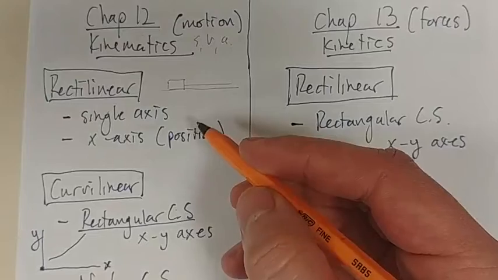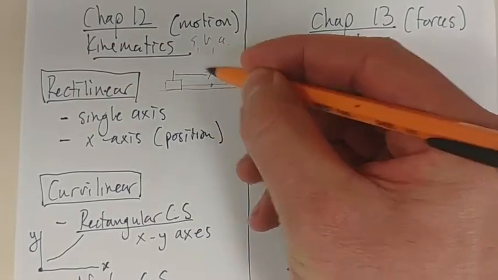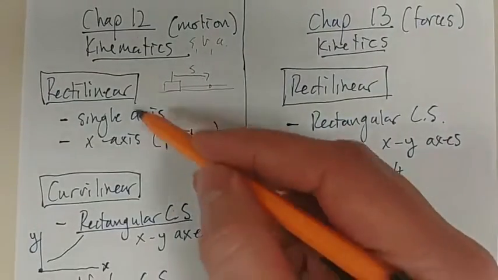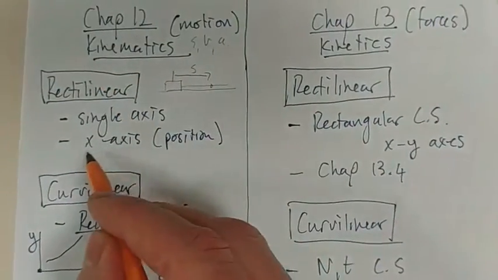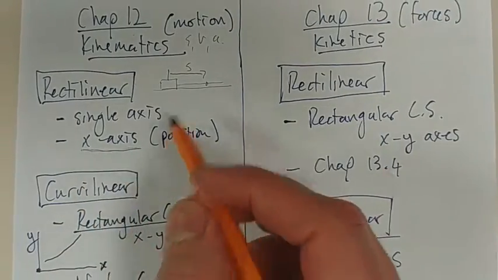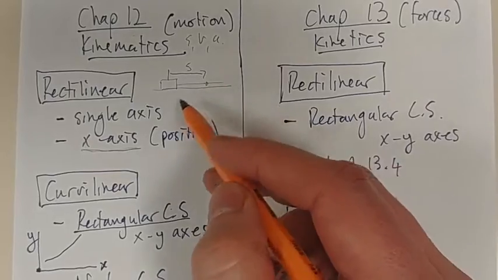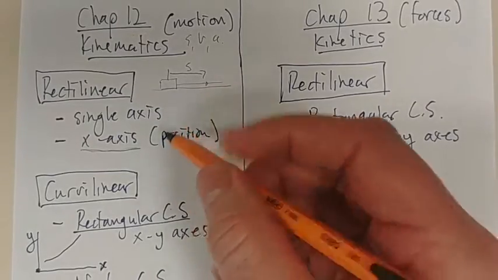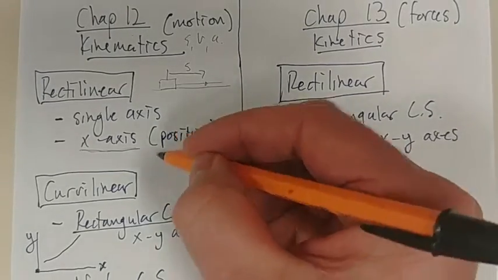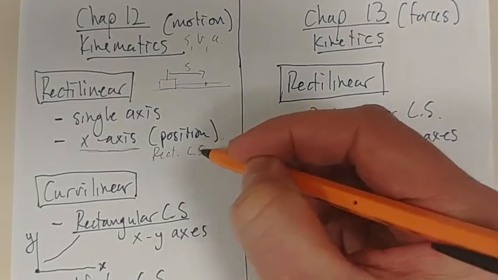And in general, we defined it by just saying what's its position s. Well, essentially, straight line motion, you could also basically say that was the x-axis, right? So in a general sense, your rectilinear kinematics could have been described by the rectangular coordinate system. Okay, that's your xy axes.